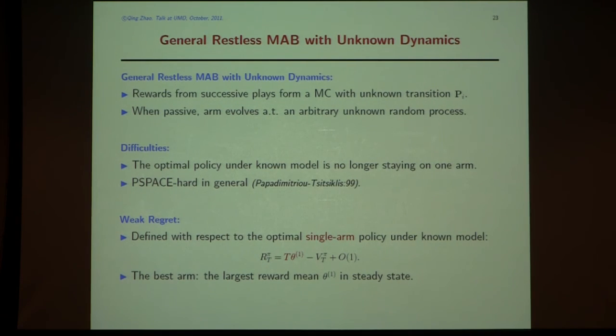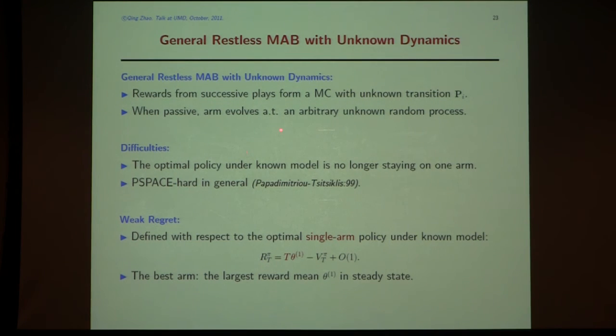This problem is very difficult in the sense that even when you know the model, when you know the transition probabilities, and even when you are passive, the arm is also Markoving, and you know that transition probability as well, even in that case, the problem is intractable. It has been shown to be PSPACE-hard by Papadimitriou and Tsitsiklis. So even when we know the model, even when everything is Markoving, we don't know what we should do. What is the optimal thing to do?